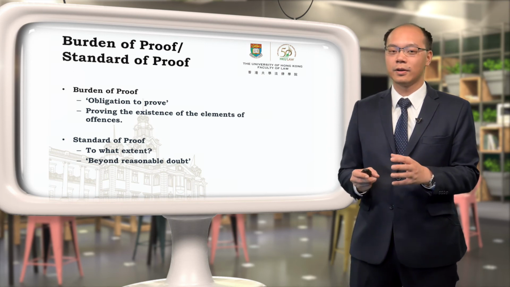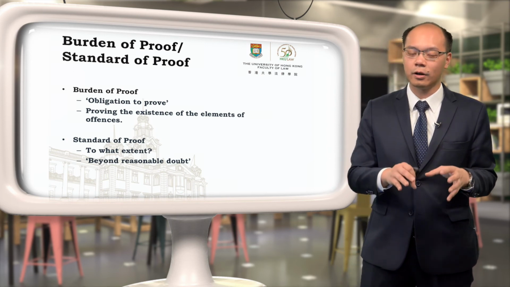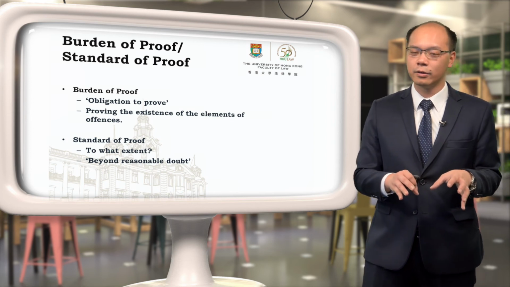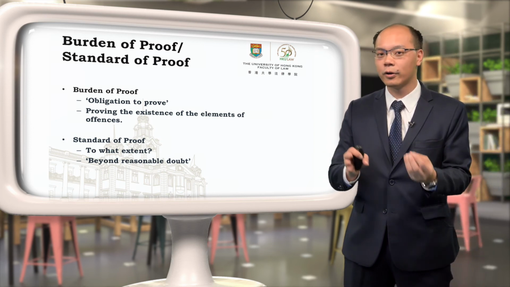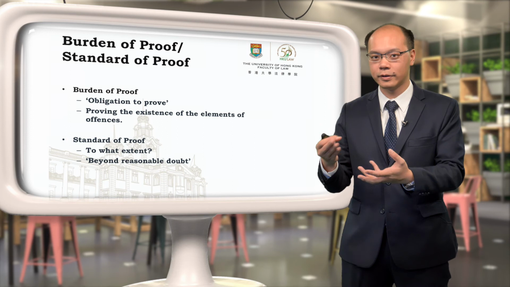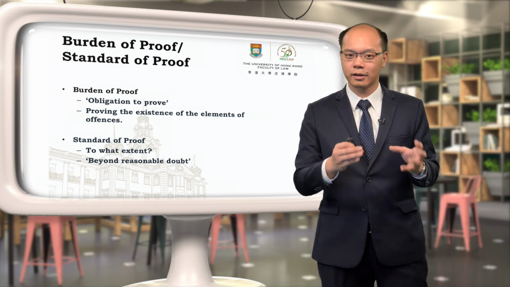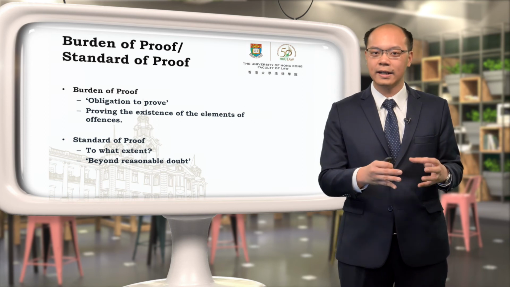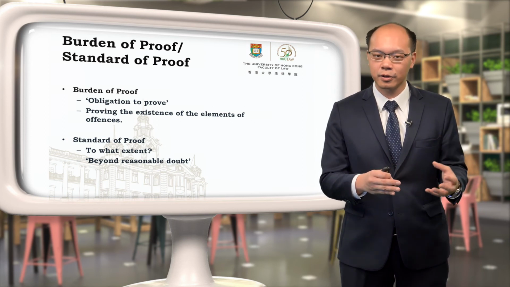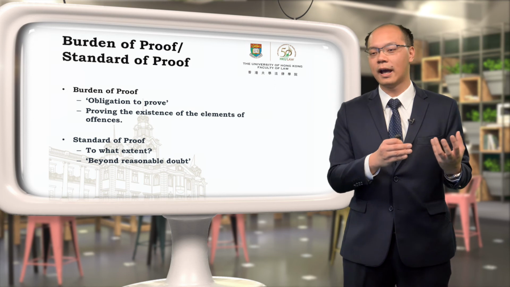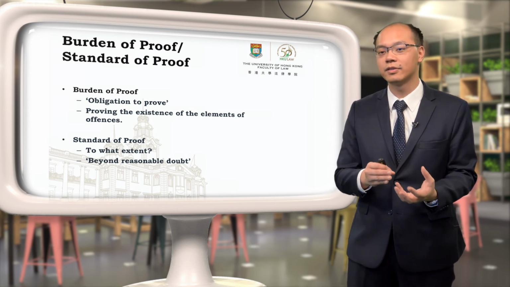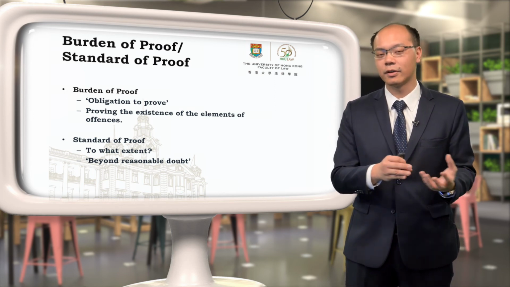Okay, so having introduced the concept of elements of offense, we'll look at the concept of burden of proof and standard of proof together, right? Just now I told you that in order to prove a particular crime, you have to show the court that a particular person committed the actus reus element and the mens rea element of the crime.